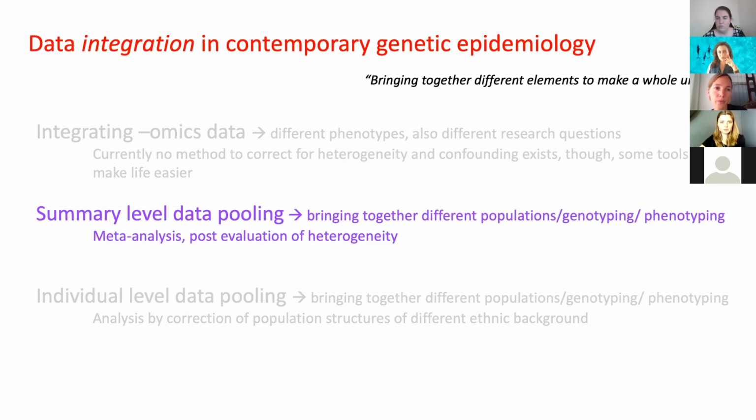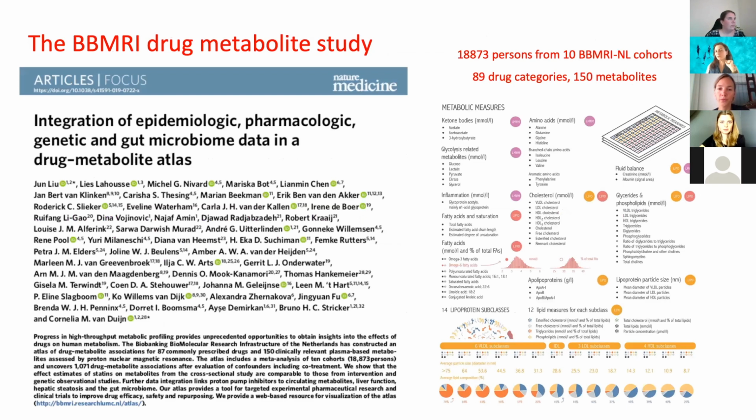Okay, then I will keep that summary-level data pooling short, because the take-home messages are quite clear. That was a meta-analysis study which was performed by Dream again. So this is BBMRI. BBMRI funded these metabolomics platform measurements for lots of cohorts, more than 10 for sure.